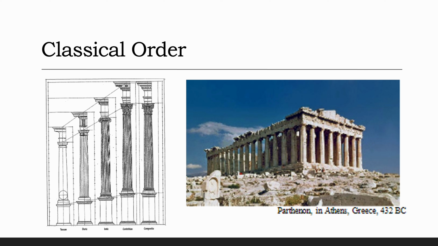This is the same for the classical order of Greek and Roman architecture, following the same laws. The size of the structure, the dimension of the capitals, the columns, the space in between are all defined by these laws.